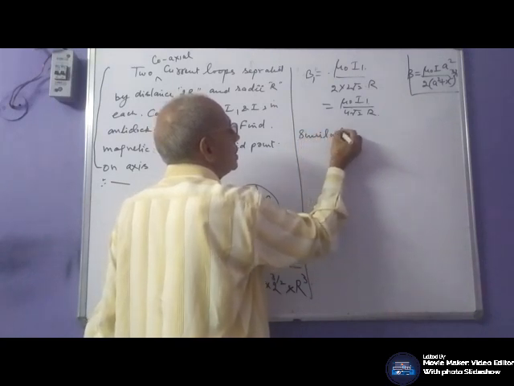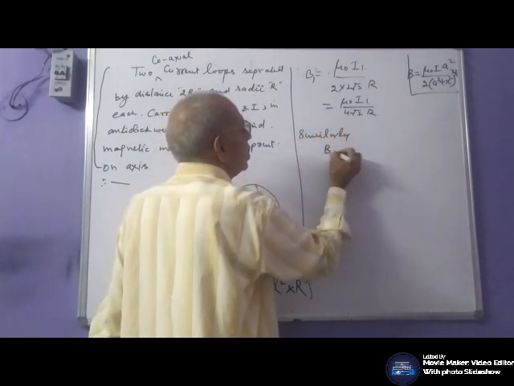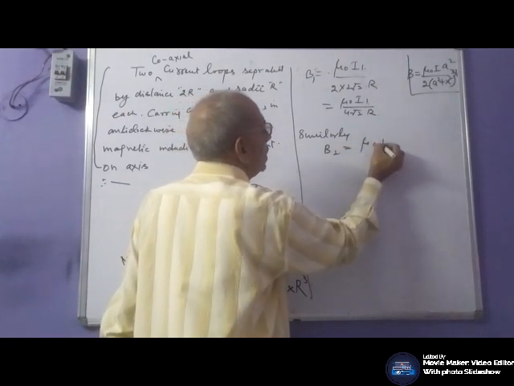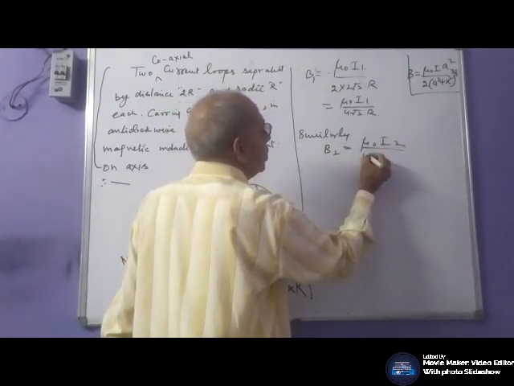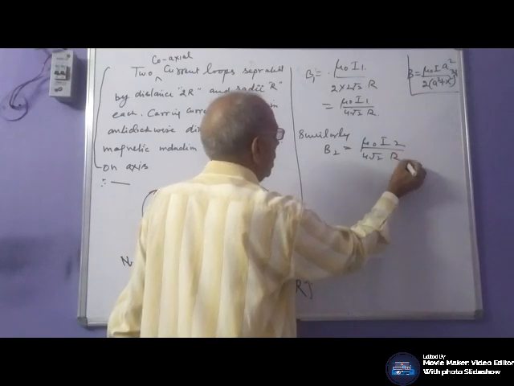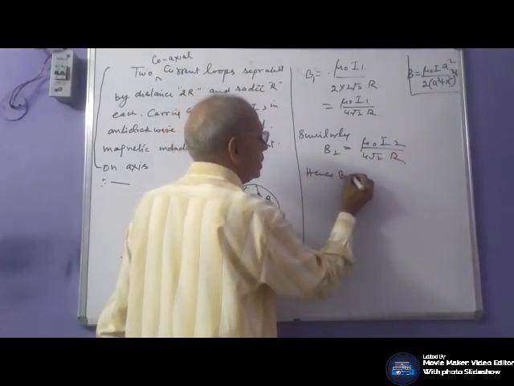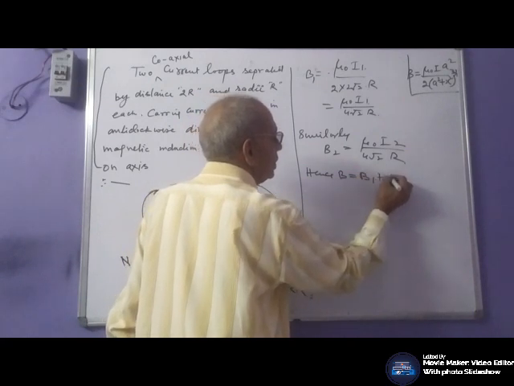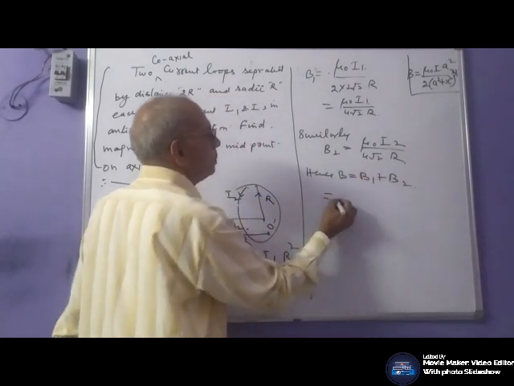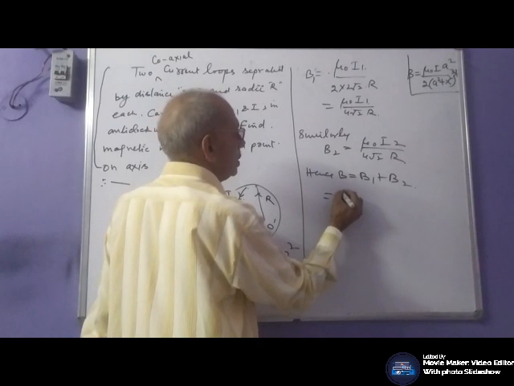Similarly, B2 is mu naught I2 by 4 root 2 R. Hence B is B1 plus B2, the direction is the same.